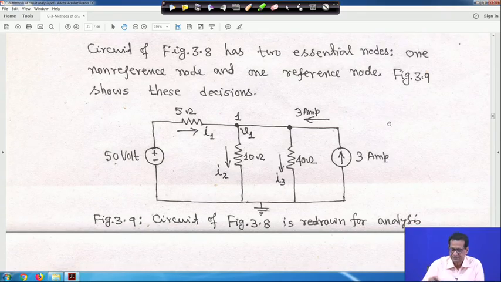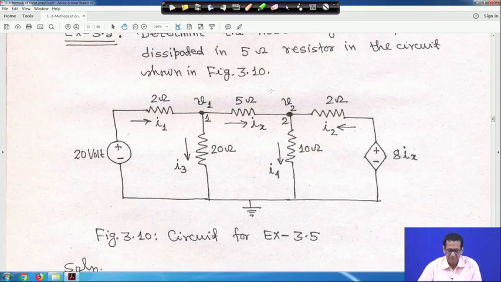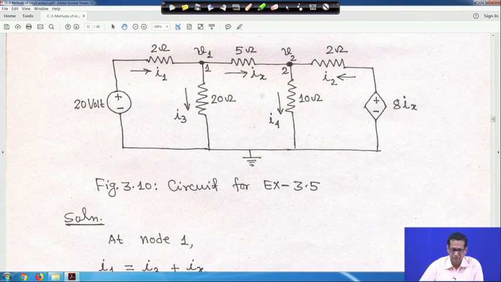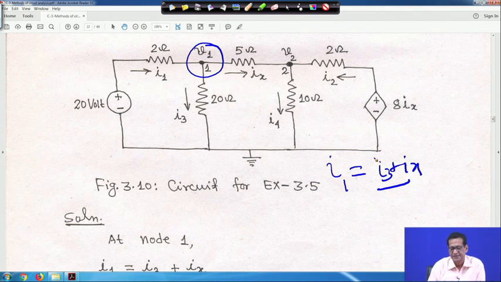We went to that previous one by mistake. So, at node 1, if you apply KCL, I1 is equal to I3 plus Ix, right.